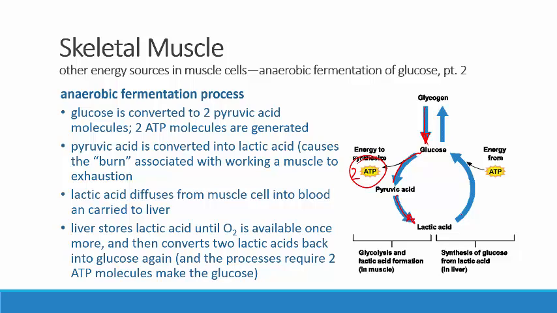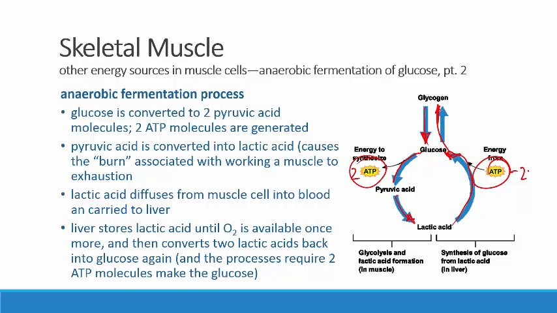Lactic acid then gets carted off to the liver, and with a little input of ATP molecules, 2 of them, that lactic acid can be reconverted back into glucose. If we need that glucose again, then we can send it out into the bloodstream. If we're not needing a lot of energy at that point, then we'll just store it away as glycogen in the liver.